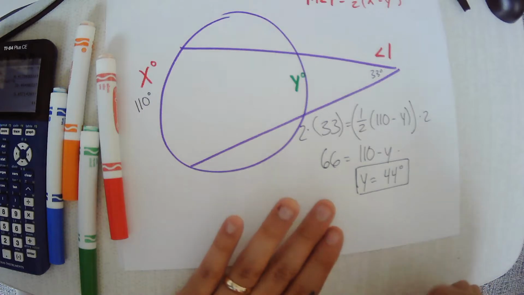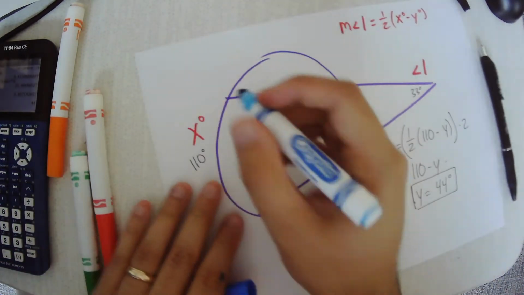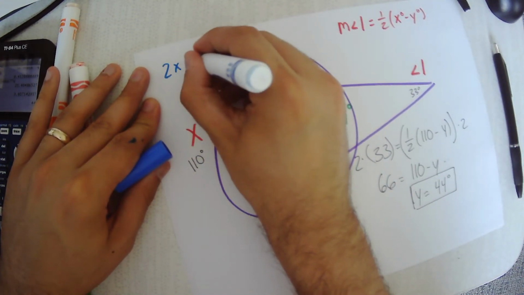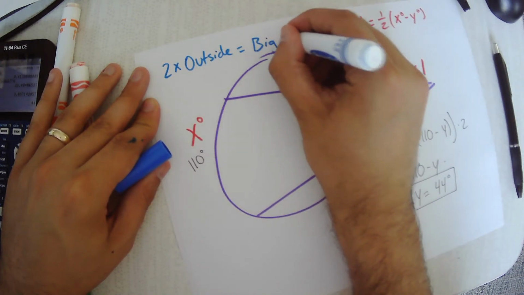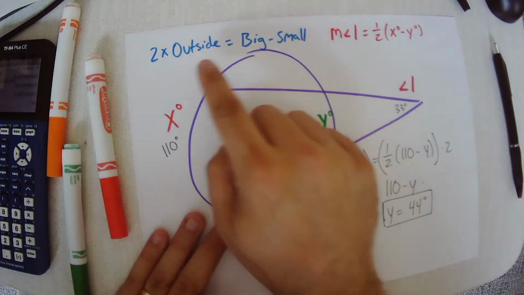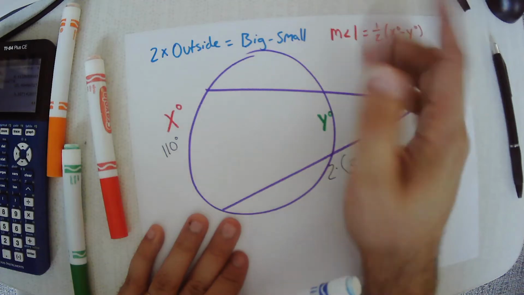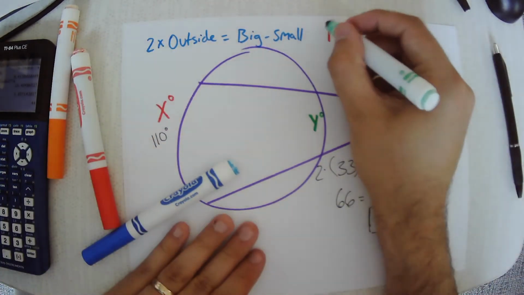What's the way you taught us to do it? The way I talked about it in class was this. It's the same, it's just this equation: 2 times the outside equals big minus little. It's the exact same thing. That's just not on the formula sheet because that is just using words instead of mathematical notation.